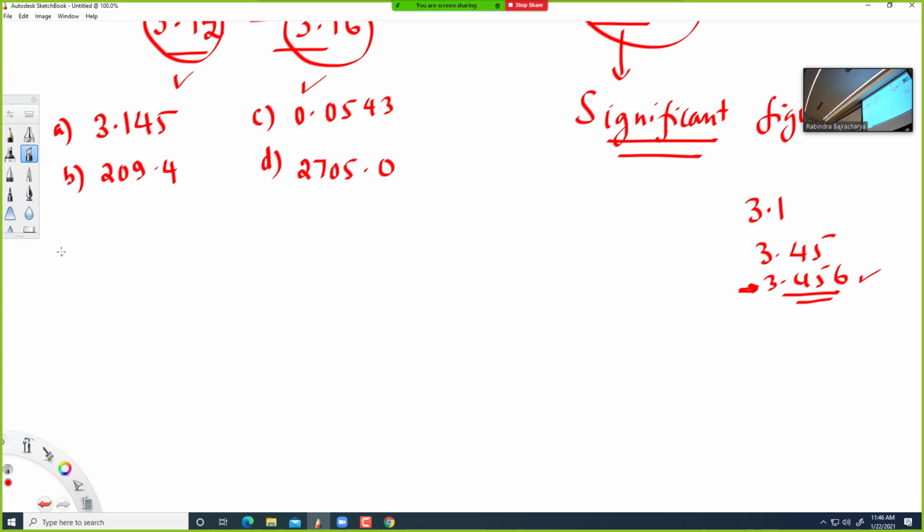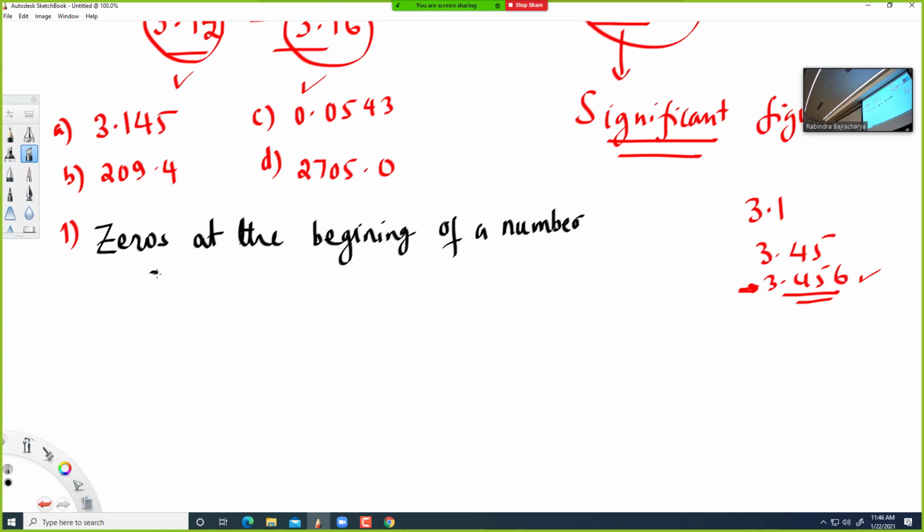The first rule is, if you have zeros at the beginning of a number, that means the zeros on the left side of a number, they are not significant.